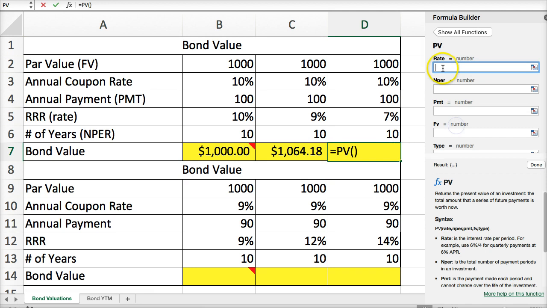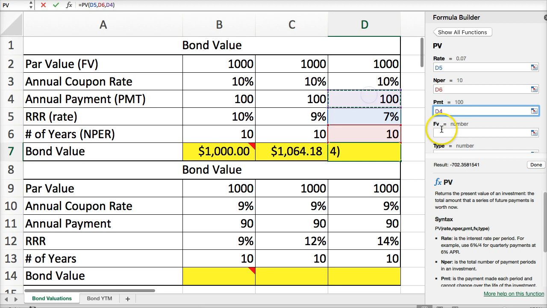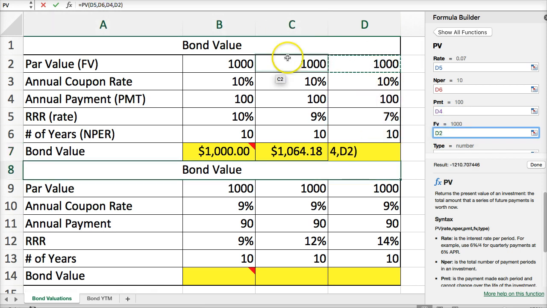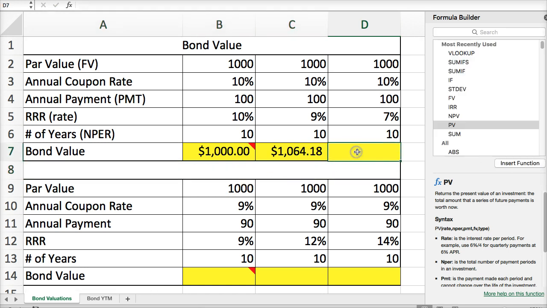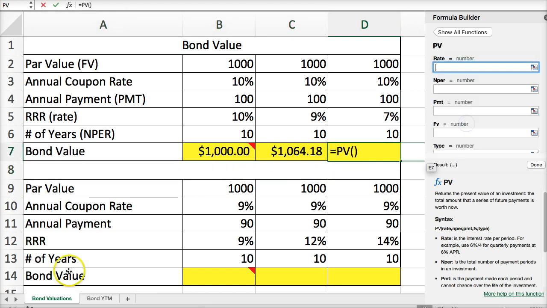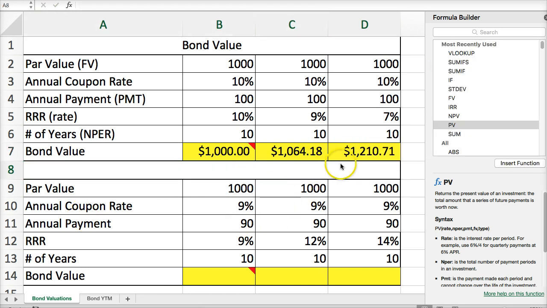Put it in the wrong cell. And here you can see that it jumped from 1,000 to 1,200 as the interest rate went down.